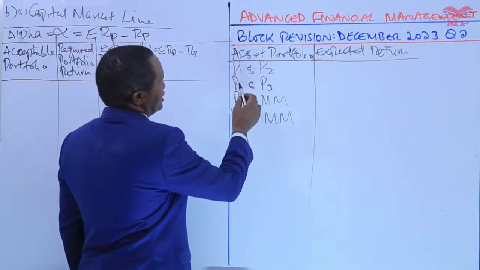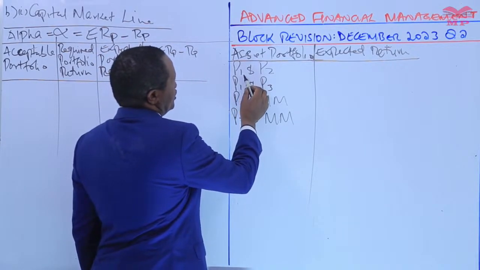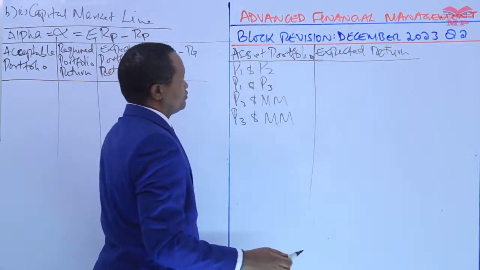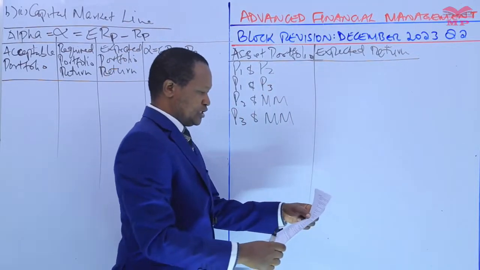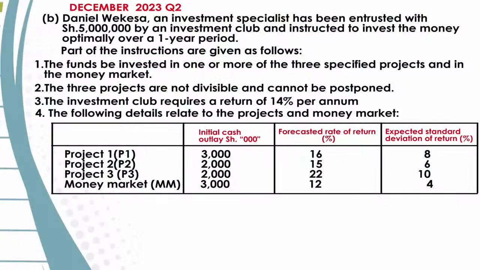So what is the expected return for project 1 and project 2? Project 1 is 3 million. The forecasted rate of return that we are reading from note number 4 is 16%.